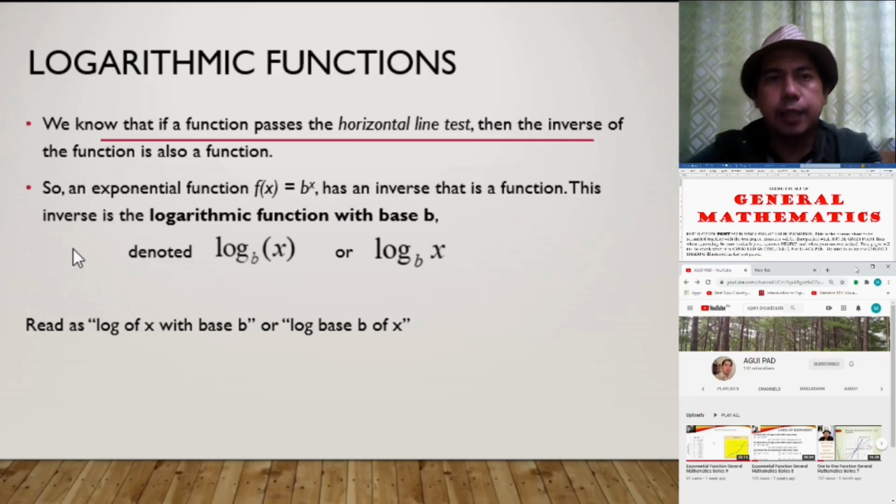So an exponential function, denoted by f of x equals b raised to x, has an inverse that is a function. This inverse is the logarithmic function with base b. It is denoted by log of x to the base b, or log base b of x, and that is how to read this function.